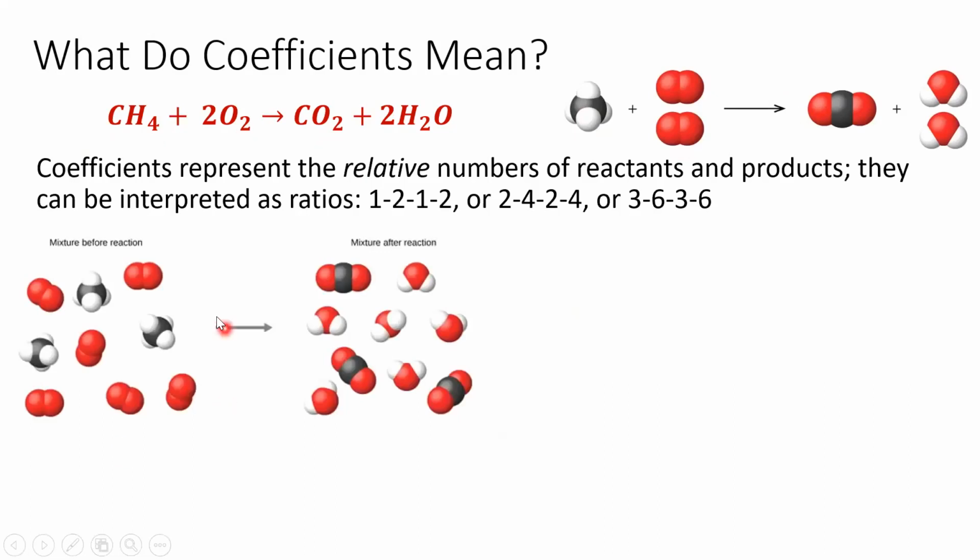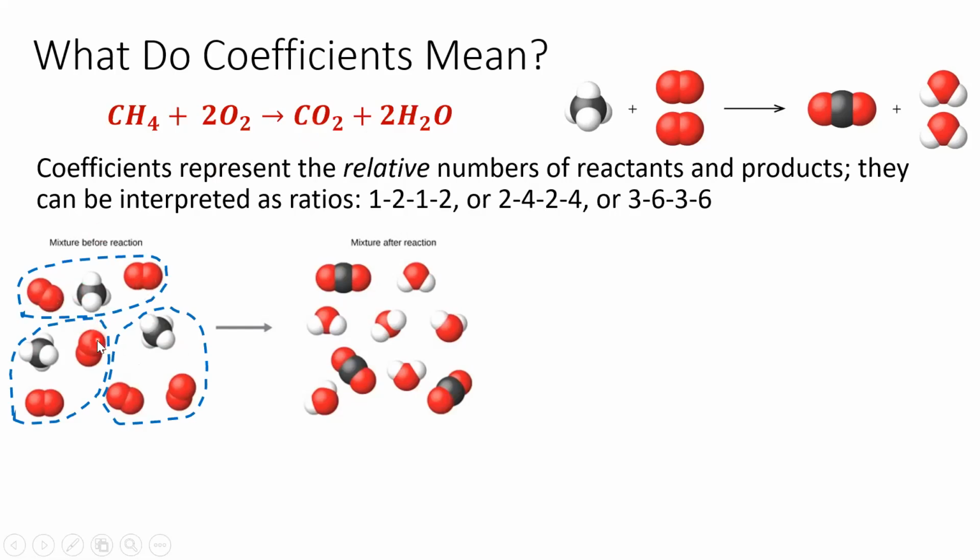So if we look at this here, same reaction. We've got 1 CH4 reacting with 2 O2, and 1 CH4 reacting with 2 O2, and 1 CH4 reacting with 2 O2s. And for every 1, 2, 3 CH4 that reacts, we're going to produce 1, 2, 3 CO2 because they're a 1 to 1 ratio.